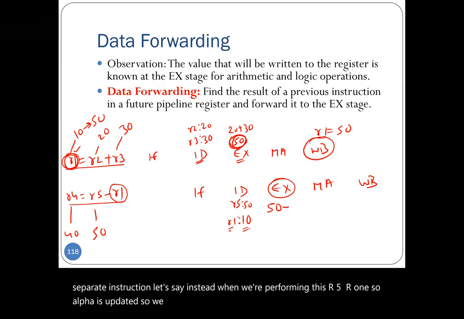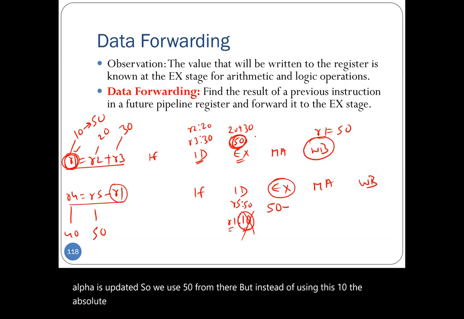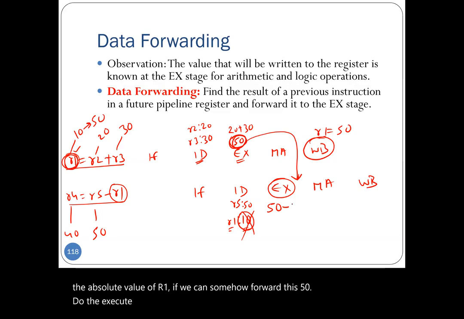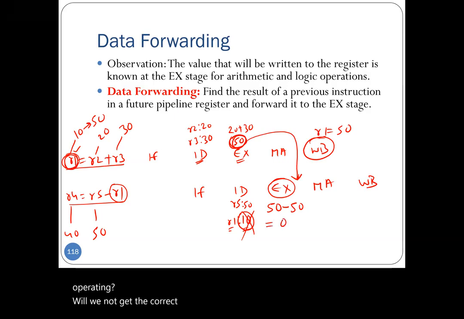But instead of using this 10, the obsolete value of R1, if we can somehow forward this 50 to the execute stage of the subtraction and use this 50 as the second operand, will we not get the correct result? Now this simple insight is what is known as data forwarding.